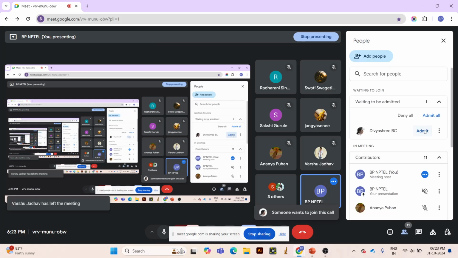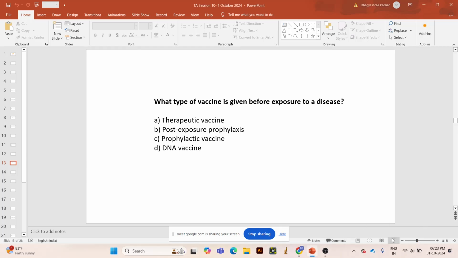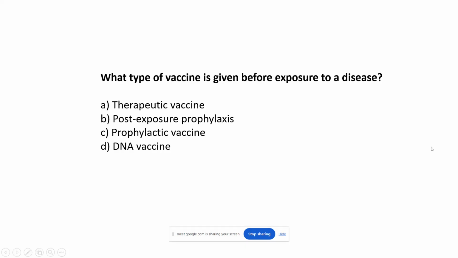Okay, anybody else would like to answer? What type of vaccine is given before exposure to a disease?